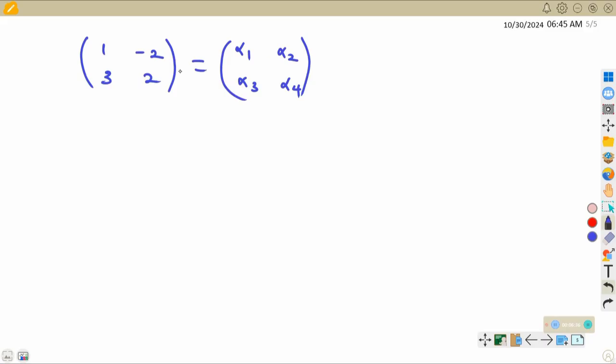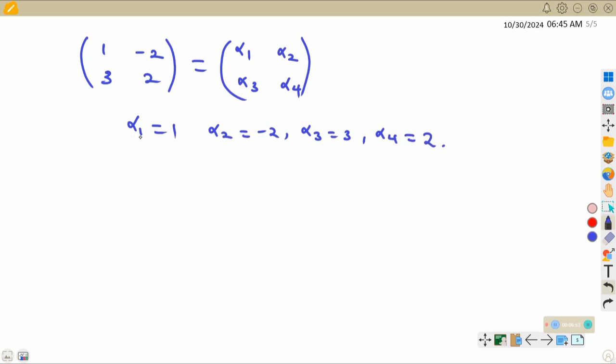For the two matrices to be equal, alpha 1 must be equal to 1, alpha 2 must be equal to negative 2, alpha 3 must be equal to 3, and alpha 4 must be equal to 2.